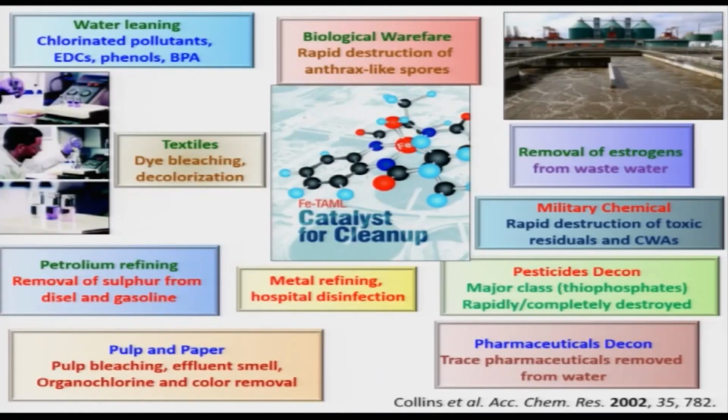I have shown here the iron TAML catalyst being used for various activities in our environment, and this is one of the commercially successful catalysts inspired by the enzymes of our mother nature. However, this catalyst, as I have discussed, was developed looking at catalase and peroxidase activity in biological systems.